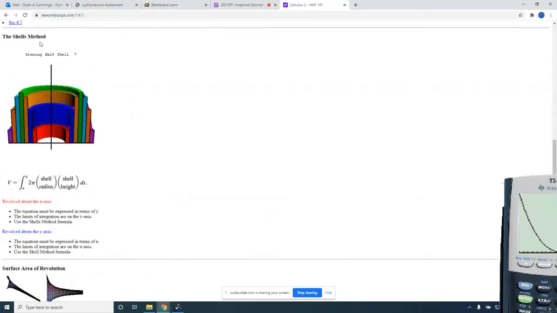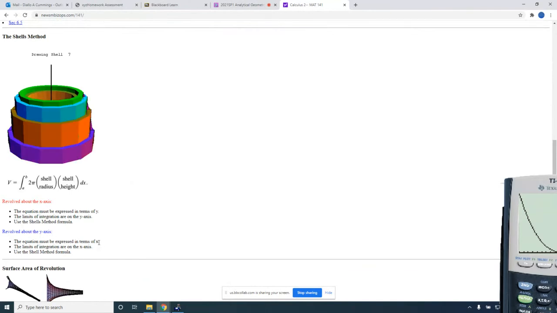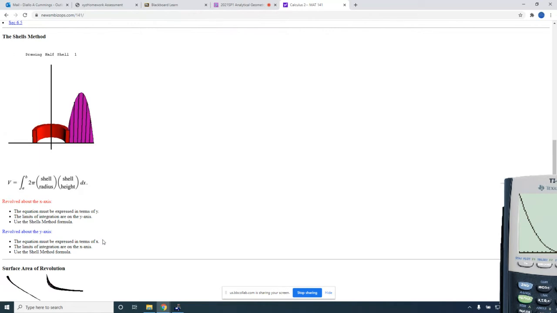So here we have the shell method. We are rotating about the y-axis, so our equation must be expressed in terms of x. And our equation was 10x squared minus x cubed, so this condition is satisfied. The limits of integration are on the x-axis.